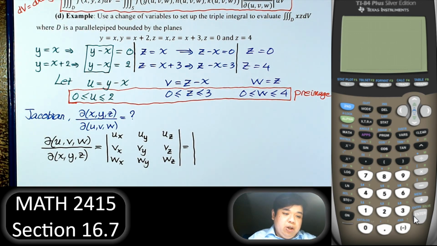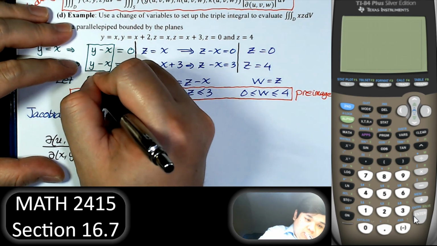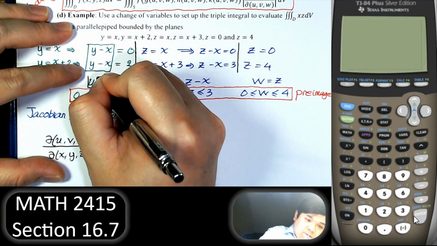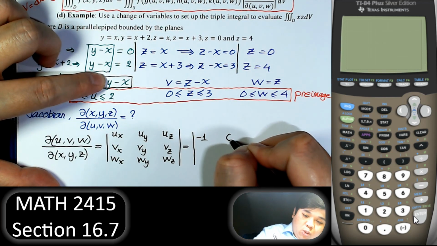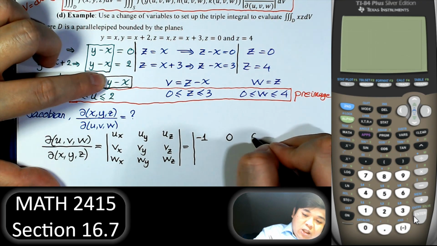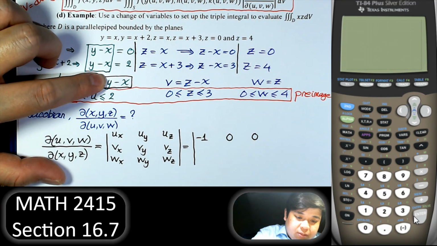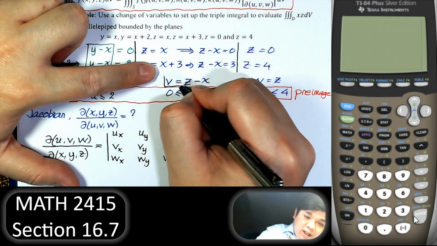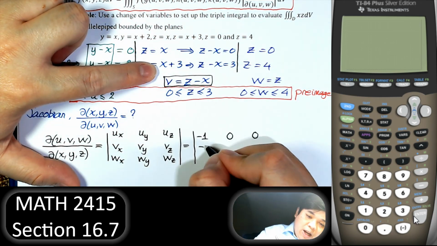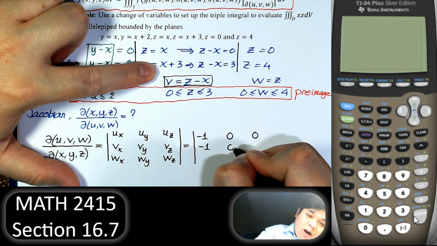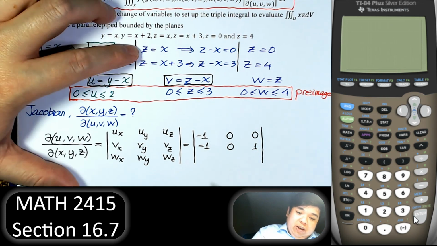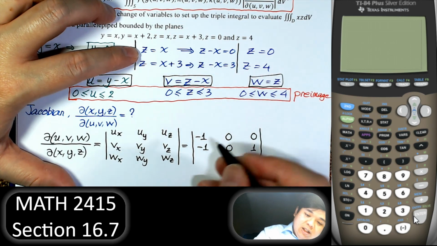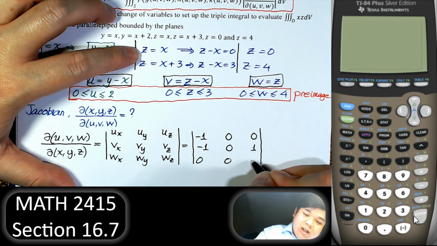Right, derivative of u with respect to x, y, z. Derivative of v with respect to x, y, z. Derivative of w with respect to x, y, z.